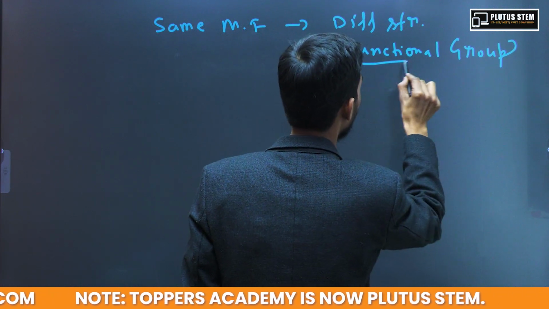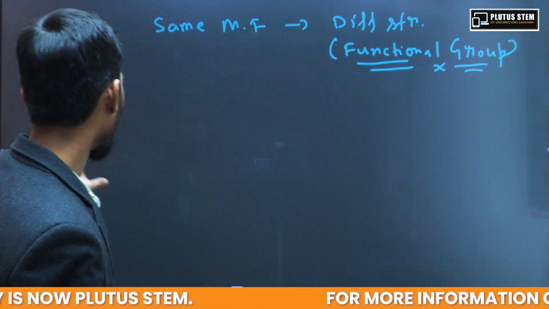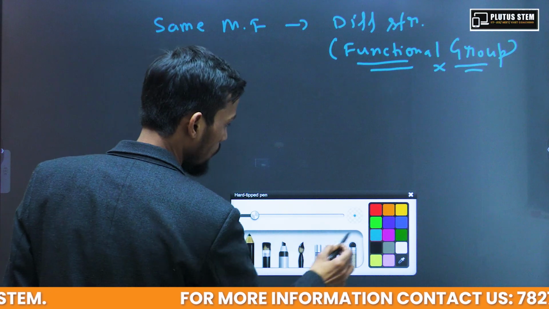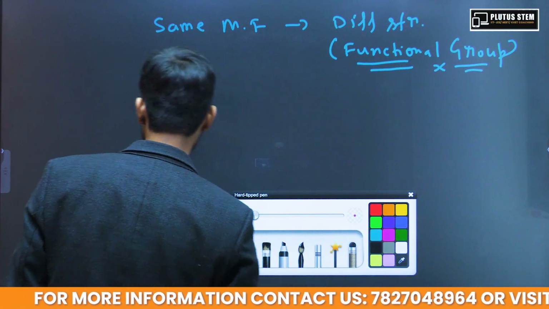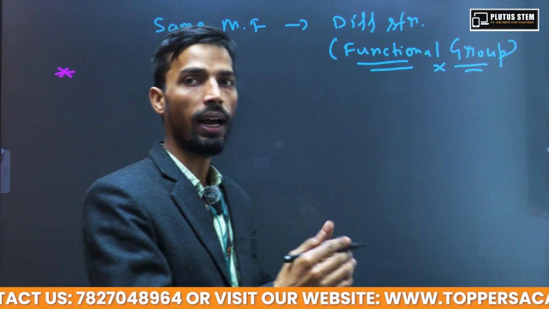We have already discussed what a functional group is. Today we are going to see various groups that are interconvertible into different isomers.